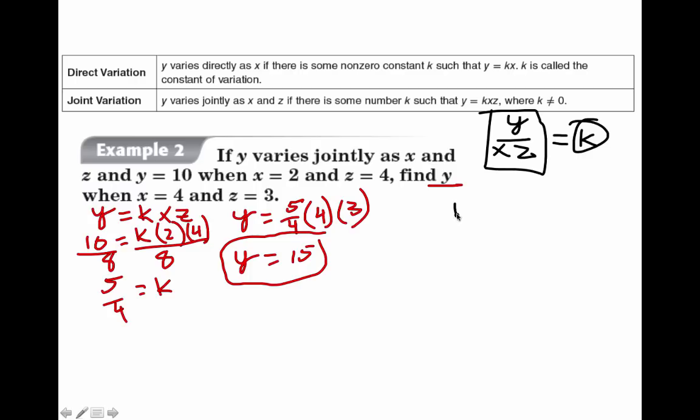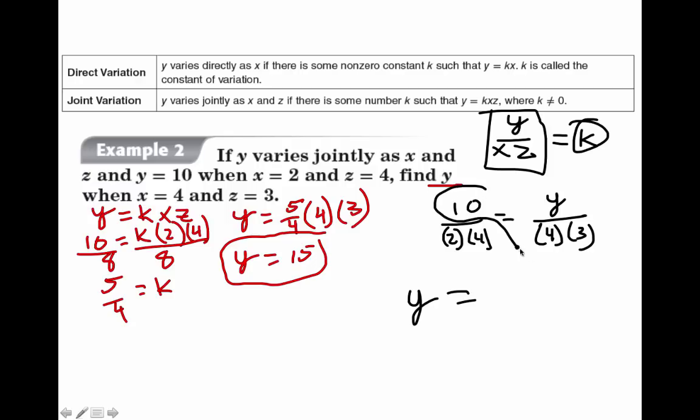So I get 10 over (2)(4) equals y over (4)(3). Cross multiplication tells me 120 divided by 8 is 15.